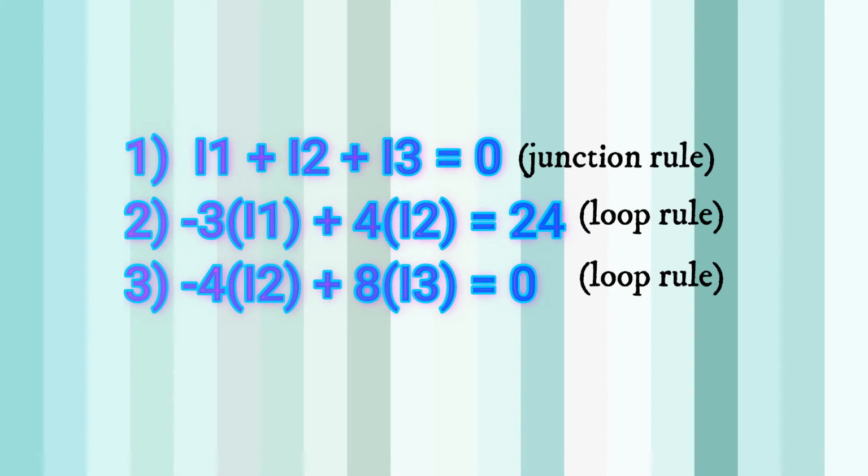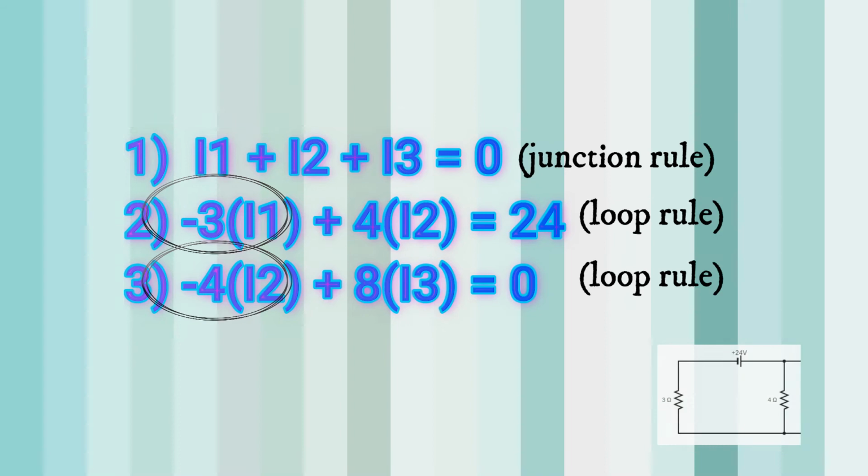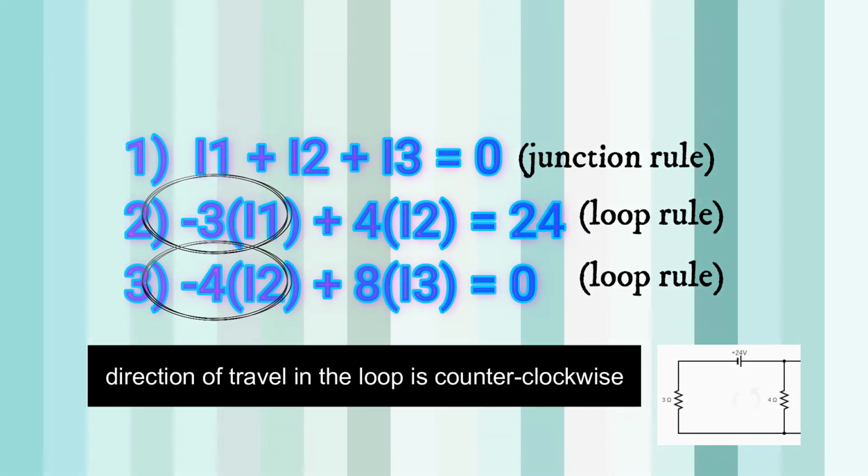Okay, why the negative in the I1? So the loop that we considered is clockwise. The I1 direction is in the same direction as the loop.